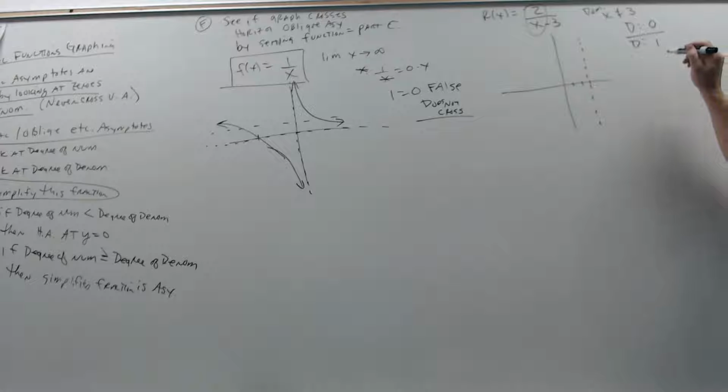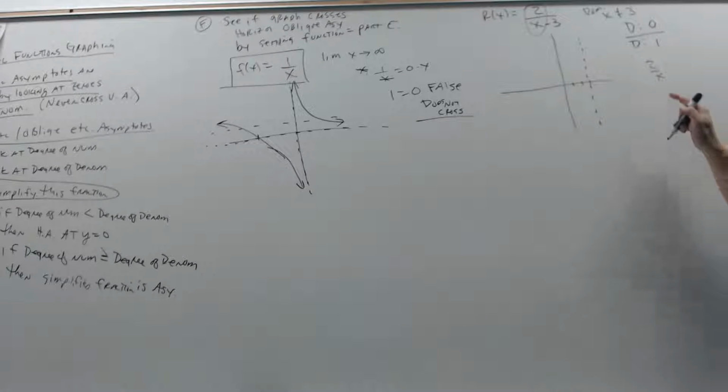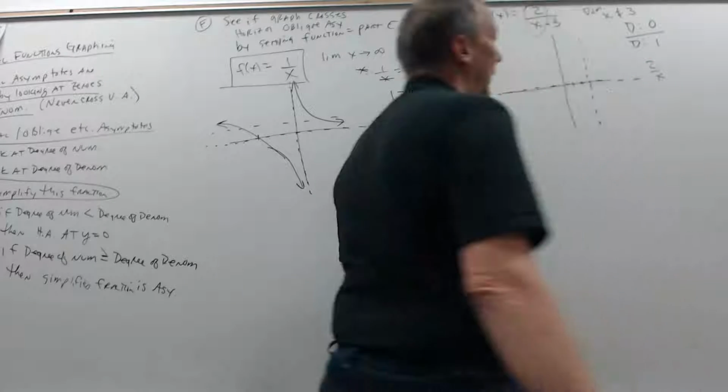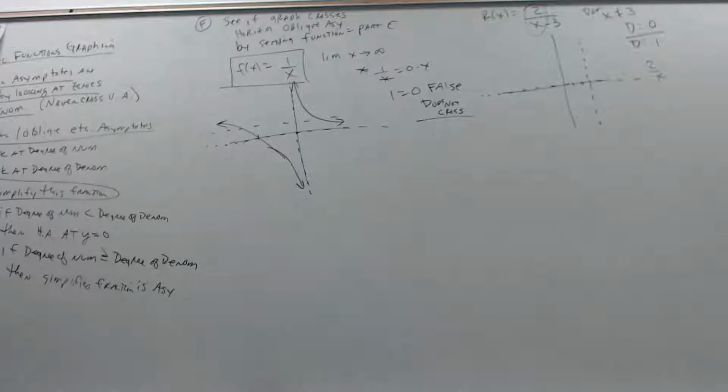Okay. So this simplifies to 2 over x. As x gets really big, what happens to this whole fraction? Closer to 0. It goes closer to 0. So this one does not change here. Okay? All right, so I simplified the fraction, I got 2 over x. If the degree of the numerator is less than the degree of the denominator, I have a horizontal asymptote at y equals 0.